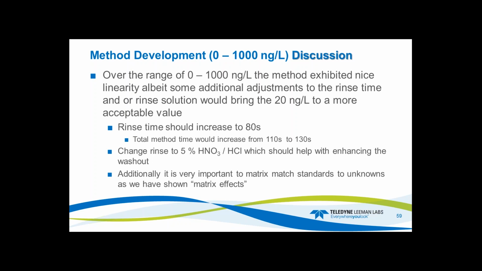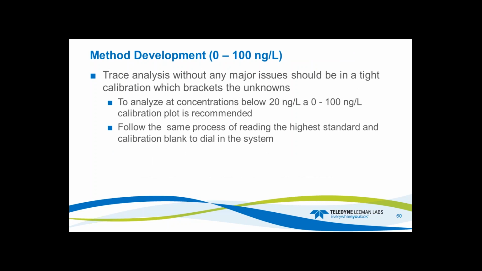In my case, I'm just running a simple matrix of hydrochloric acid for development purposes here and to show you what's happening. So let's go into 0 to 100 nanograms per liter. So this is more the trace mode.